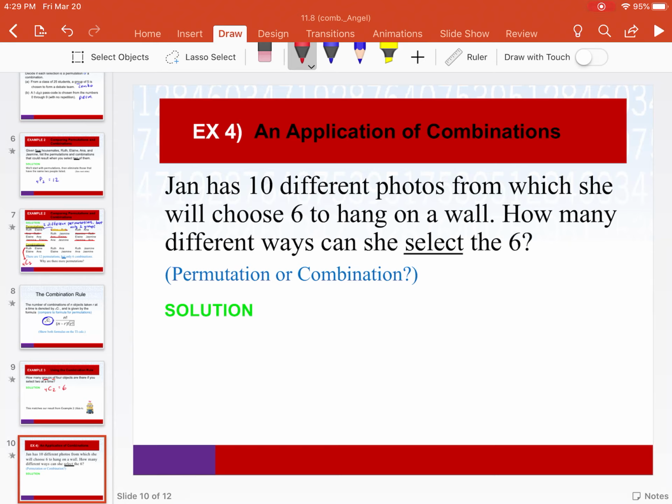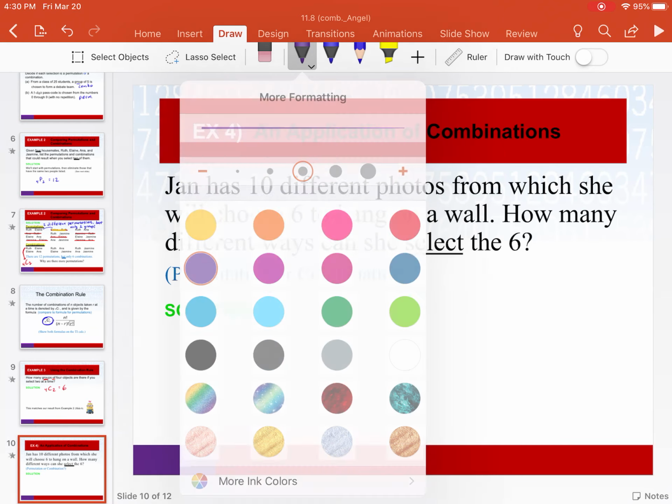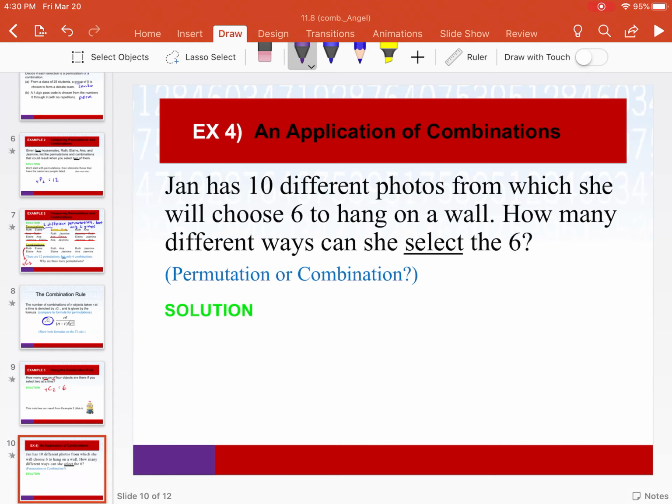Example 4. Jan has 10 different photos from which she will choose 6 to hang on the wall. How many different ways can she select 6? Very important that you ask yourself combinations or permutations. What do you think, and why?